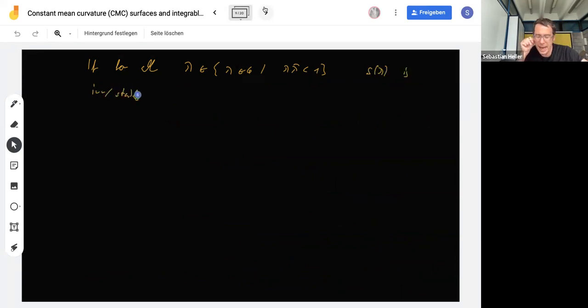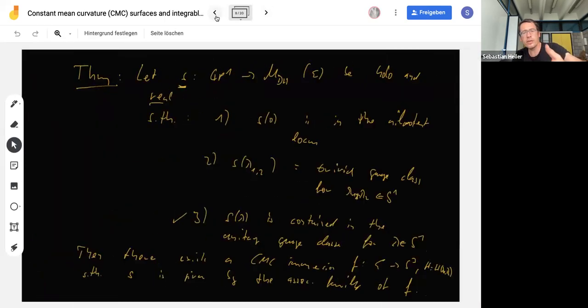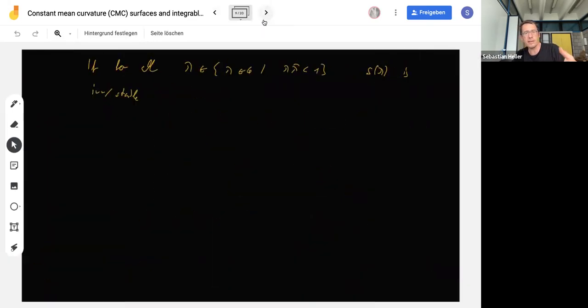Note that I really exclude the unit circle here with my condition, because at the unit circle we have the 2 points, the trivial gauge classes, which consist of reducible points. So it's not satisfied that S of lambda is irreducible at these 2 points, lambda 1 and lambda 2. But I only need the condition for all lambda which are inside the unit disk. If this is satisfied, then the minimal surface F is unique.